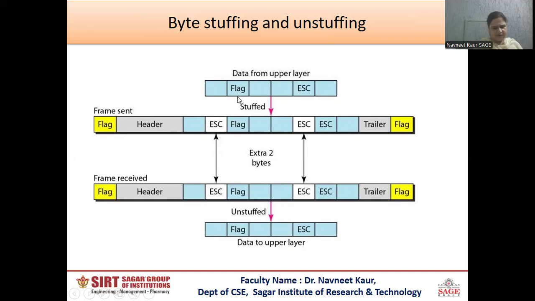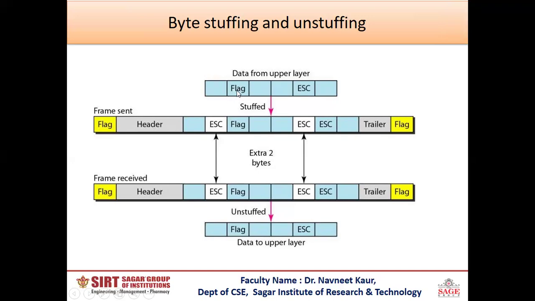Now, if we are transmitting information such as graphs, audio, and video, there can be a possibility that in the data obtained from the upper layer, we can get a byte which is similar to the flag byte. If this data is received by the receiver, then it can be misinterpreted as the end or beginning of the frame.